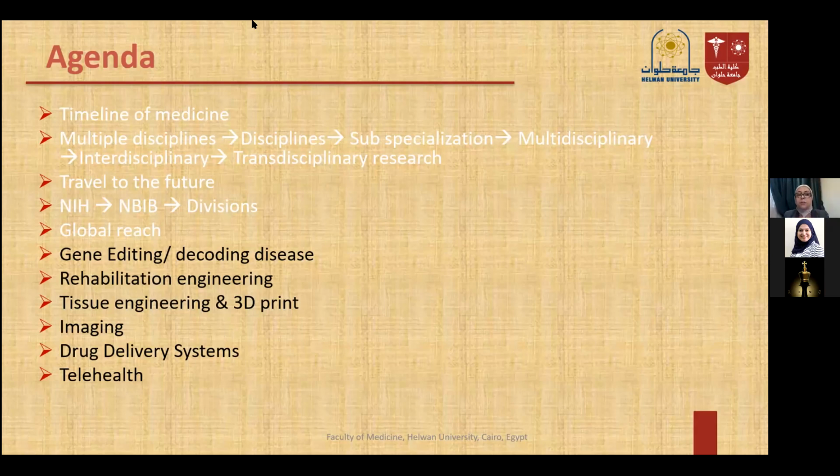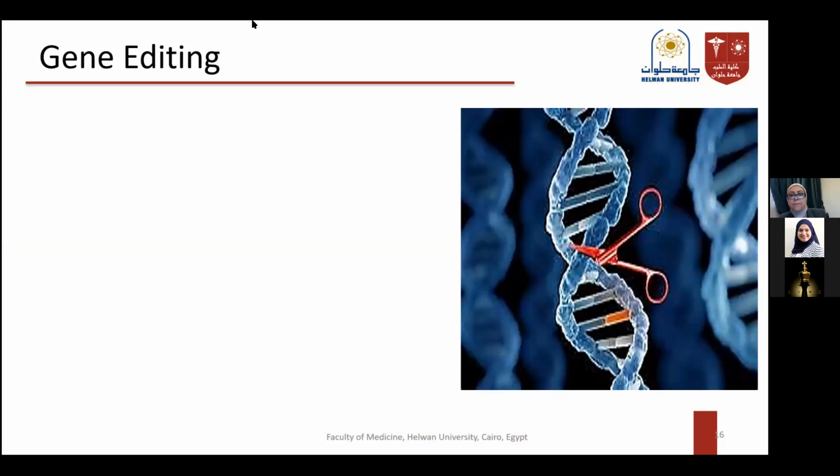Through the National Institute of Health and its divisions, we will know the research work on what is called gene editing or decoding of disease. We will go through rehabilitation engineering, tissue engineering, 3D printing, imaging, drug delivery systems, and telehealth. What is gene editing?